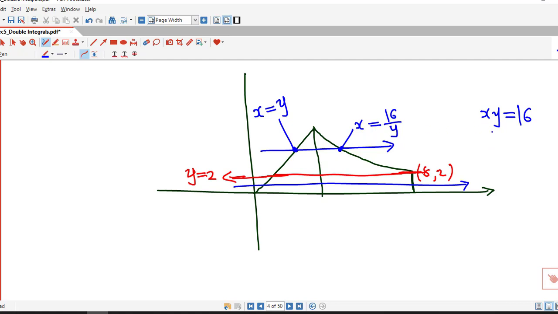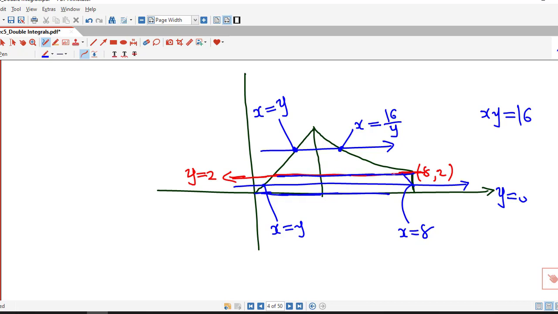So x is 16 by y, and in this part the lower limit for x is the same because it is on the line x equal to y, and here the upper limit for x is x equal to 8. Now in this region these are the lowermost points. So at these points the value of y is 0, and all these are uppermost points.